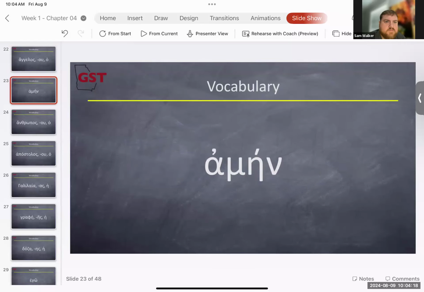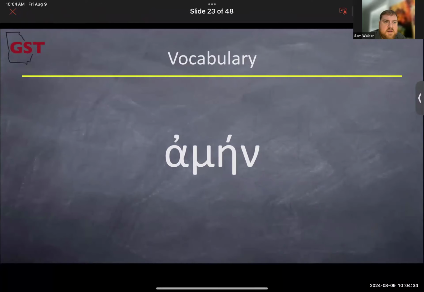Let's try this word here. How many syllables in this word? Two. All right. Where would I make my division? Between the mu and the eta. Very good.